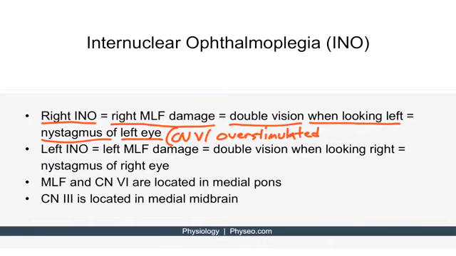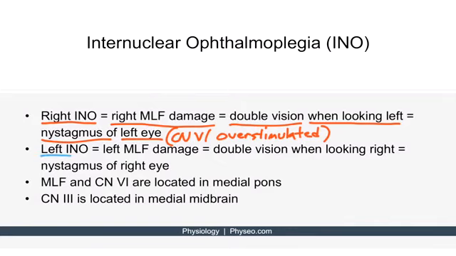So this patient is getting double vision when looking to the left, so the left cranial nerve 6 will be overstimulated and the lateral rectus muscle will be overstimulated, leading to repetitive uncontrolled movements when looking to the left to try to correct that double vision.